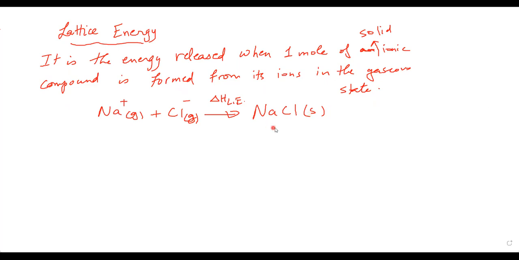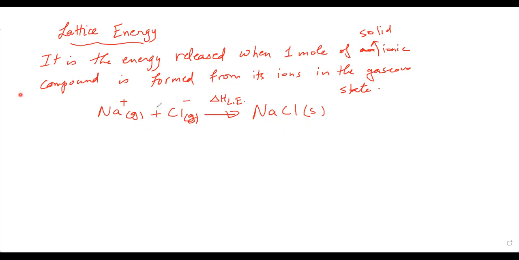If a bond is broken, it requires heat energy and it's an endothermic process. But when a bond is formed, it is an exothermic process and releases heat energy. So the energy released when 1 mole of a solid ionic compound is formed from its ions in the gaseous state, we call the lattice energy.